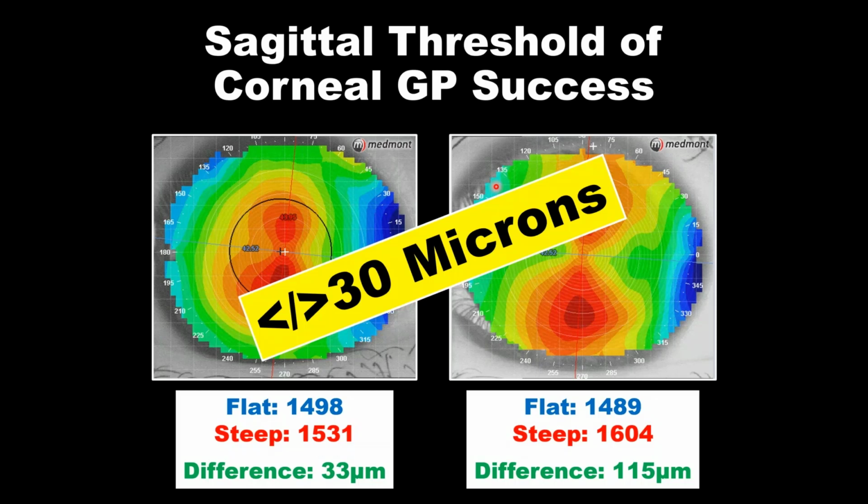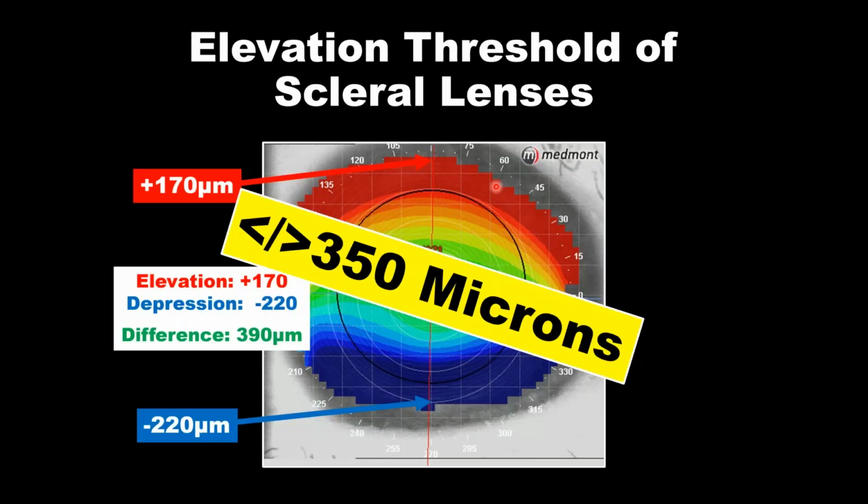So measure across your corneal topography, 8 millimeters, take the flat reading, take the steep reading, and compare the difference between them. Now, related to the corneal GP versus scleral use, that number is 350. So greater than 350 microns, you're thinking scleral as maybe the lens of first choice. Less than 350, you're thinking corneal GP.